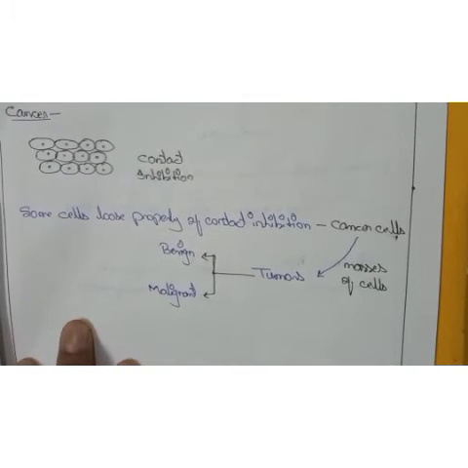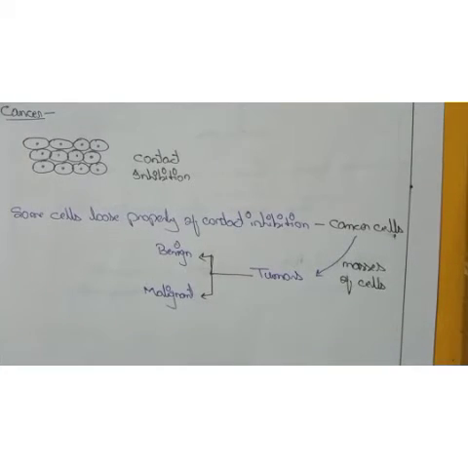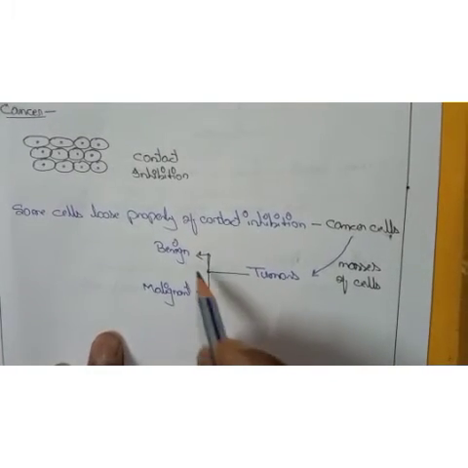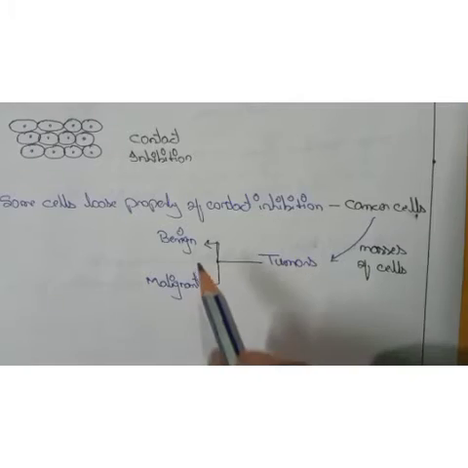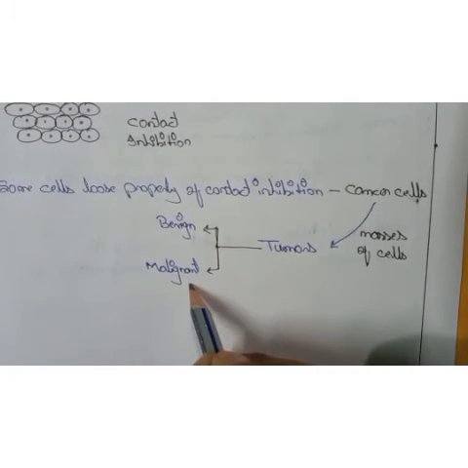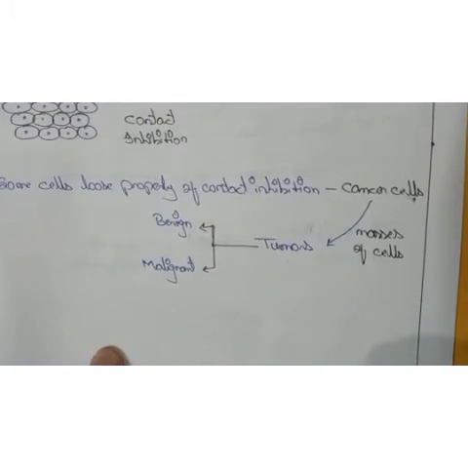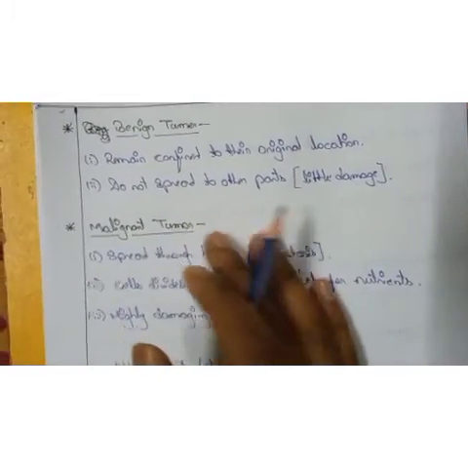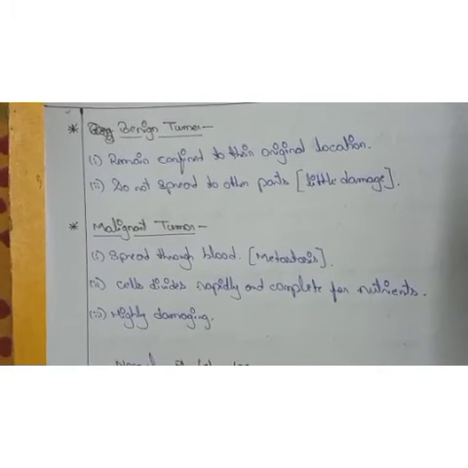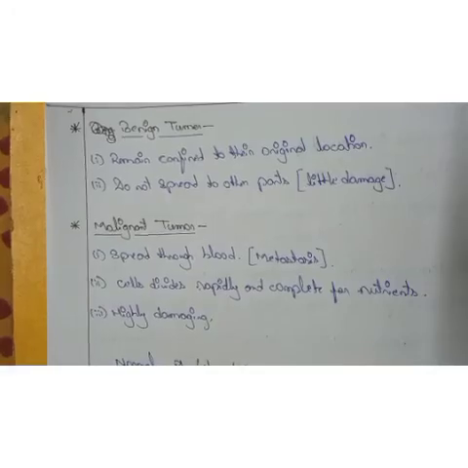These are called cancerous cells. A mass of cells is called a tumor. Tumors can be benign and malignant. So we can discuss in detail the two types of tumor.